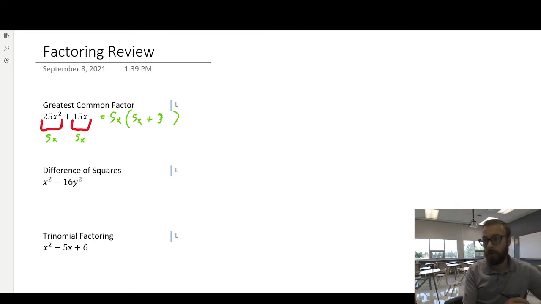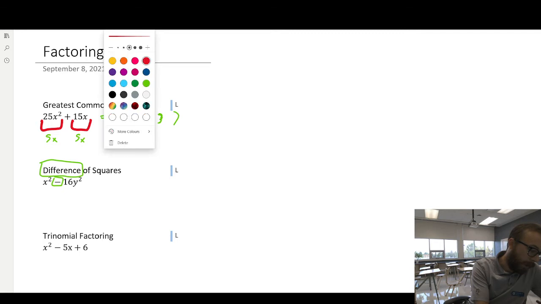All right, here we have a difference of squares. So we have x squared minus 16y squared. So the reason why it's a difference of squares, well, we have the word difference. That means we're subtracting.